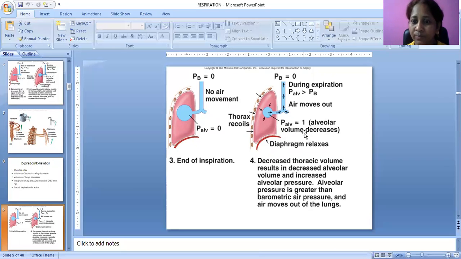Alveolar volume decreases, the diaphragm releases, and the decrease in thoracic volume results in decreased alveolar volume and increased alveolar pressure. Alveolar pressure is greater than barometric air pressure and the air moves out of the lungs.